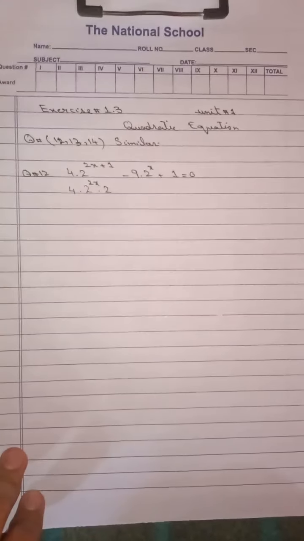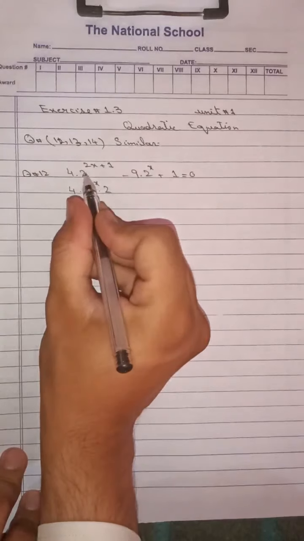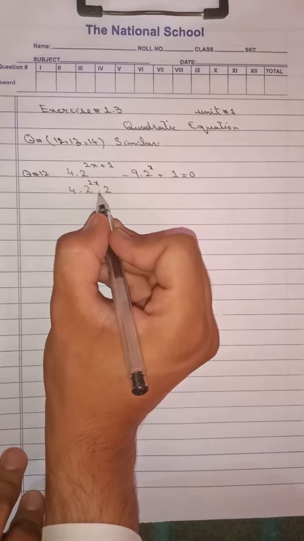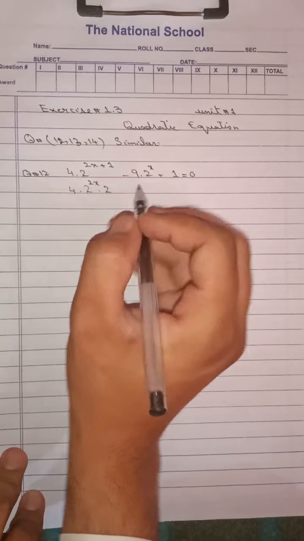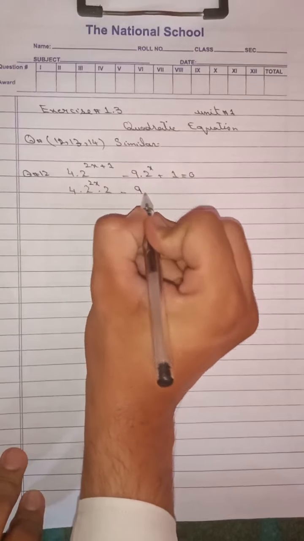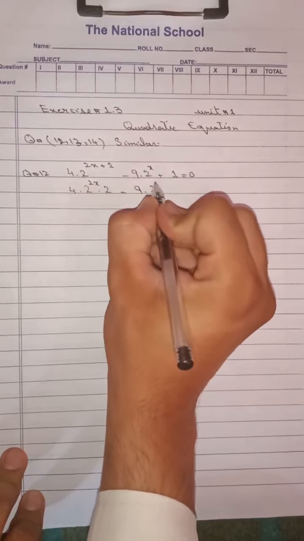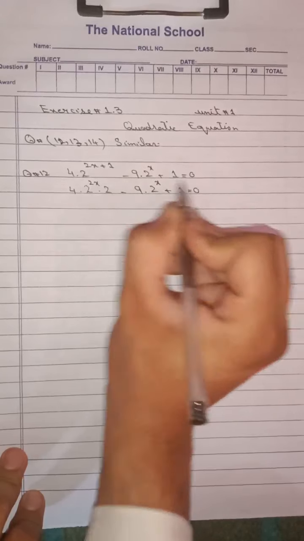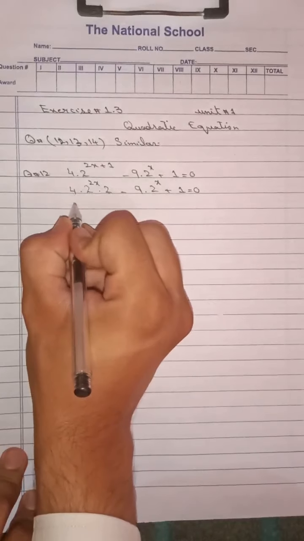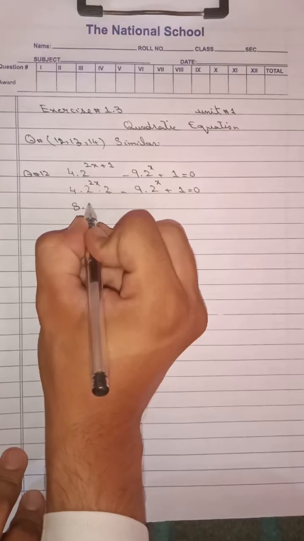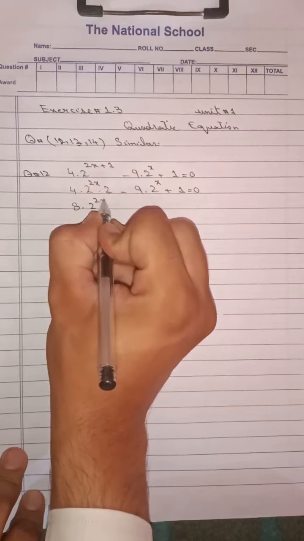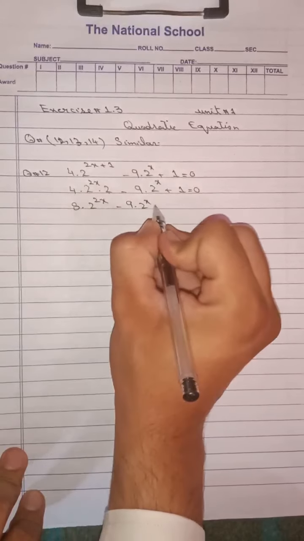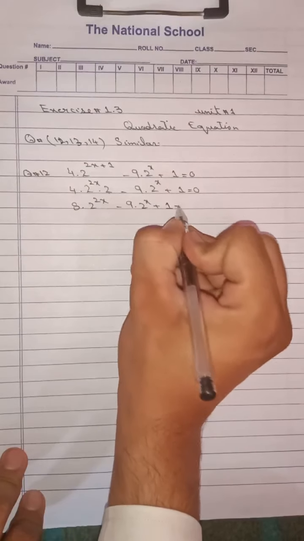So instead of writing 2 power 2x plus 1, I write 2 power 2x into 2 power 1 minus 9 multiplied by 2 power x plus 1 is equal to 0. Now 4 multiplied by 2 is 8, so 8 multiplied by 2 power 2x minus 9 into 2 power x plus 1 is equal to 0.